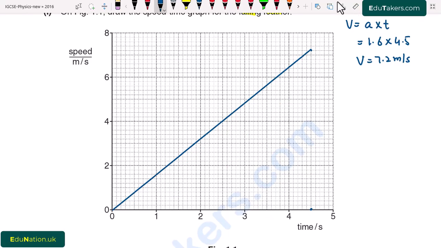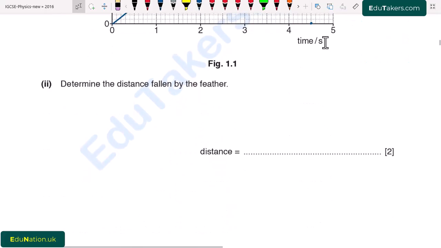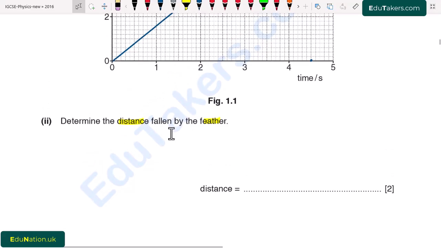Going towards the next part. Part 2. Determine the distance fallen by the feather. So here we have to find out the total distance that is fallen by the feather. As it is given in figure 1.1, it's a speed time graph, and the area under the speed time graph is equal to the distance covered by the feather.